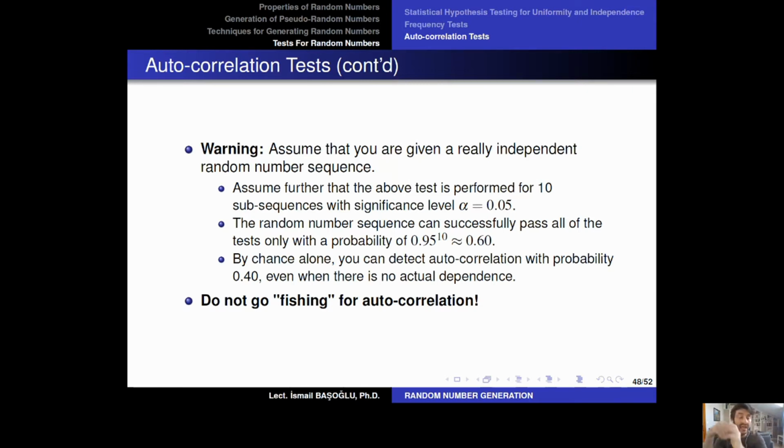Now, you see, in every hypothesis testing procedure, there is the probability of rejecting the null hypothesis while the null hypothesis is true, right? Actually, this probability exists because you are defining a significance level, right? So depending on your choice of the significance level, let's just say it is 0.05, there is a 0.05 probability to reject the null hypothesis while the null hypothesis is true.